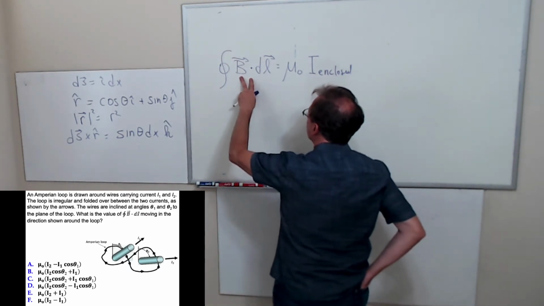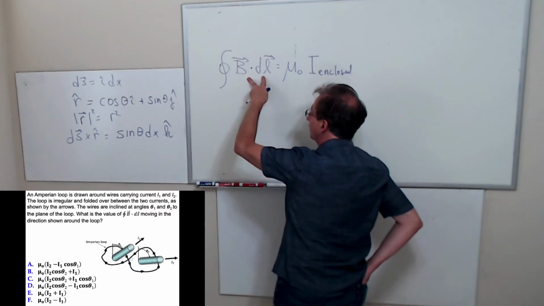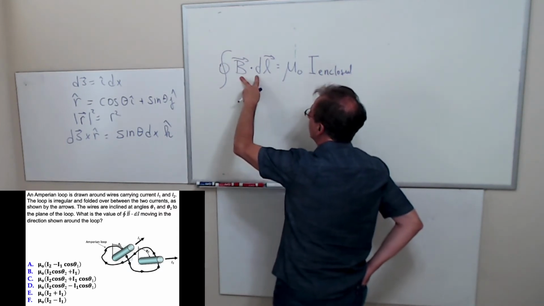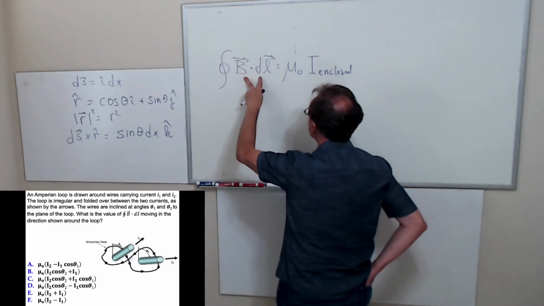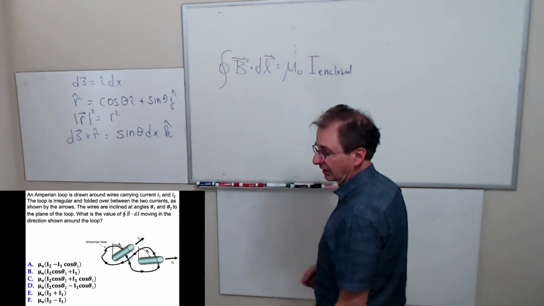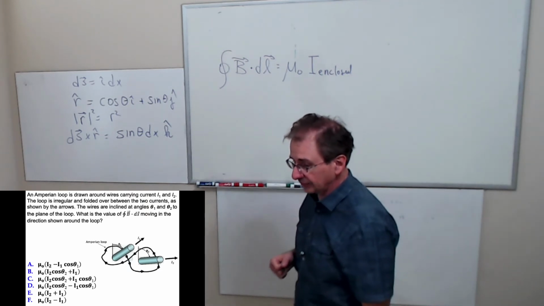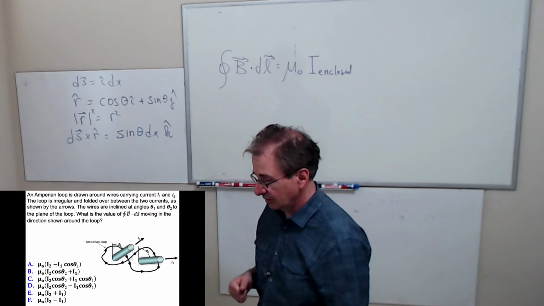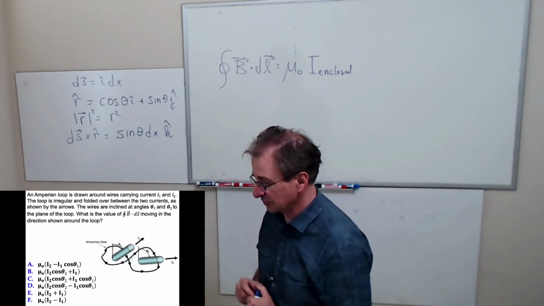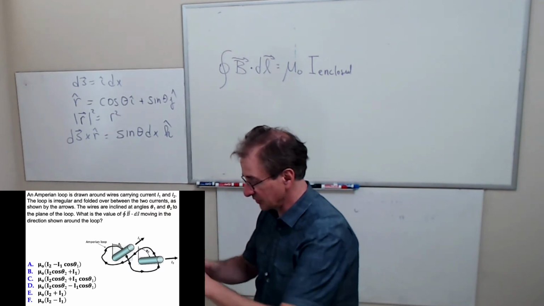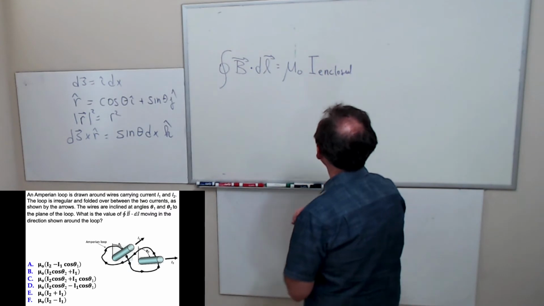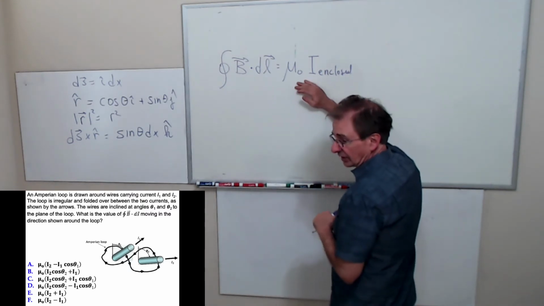When you integrate the magnetic field and dl are in the same direction, then this integral is going to be positive. If they're in opposite direction, they're going to be negative. So when you look at the two loops, you're going to end up with one positive, one negative value, because when you think of the sense of the current and the magnetic field.